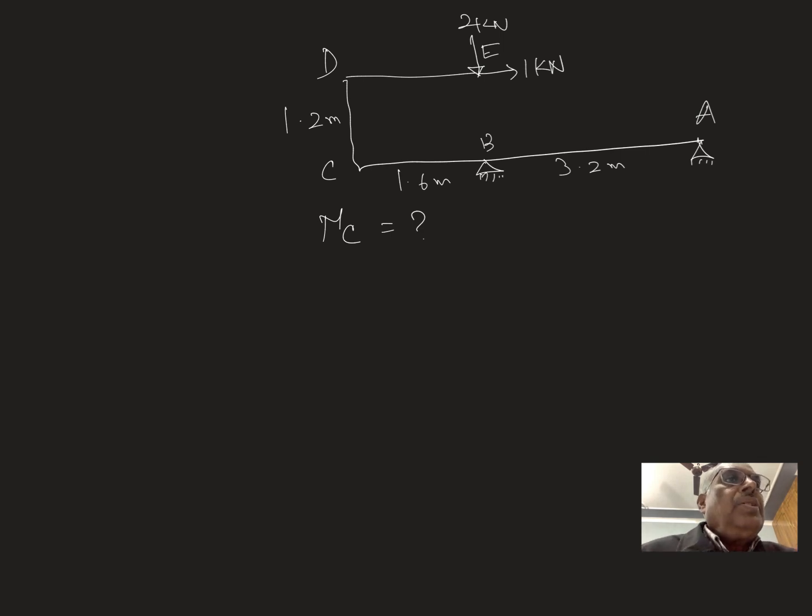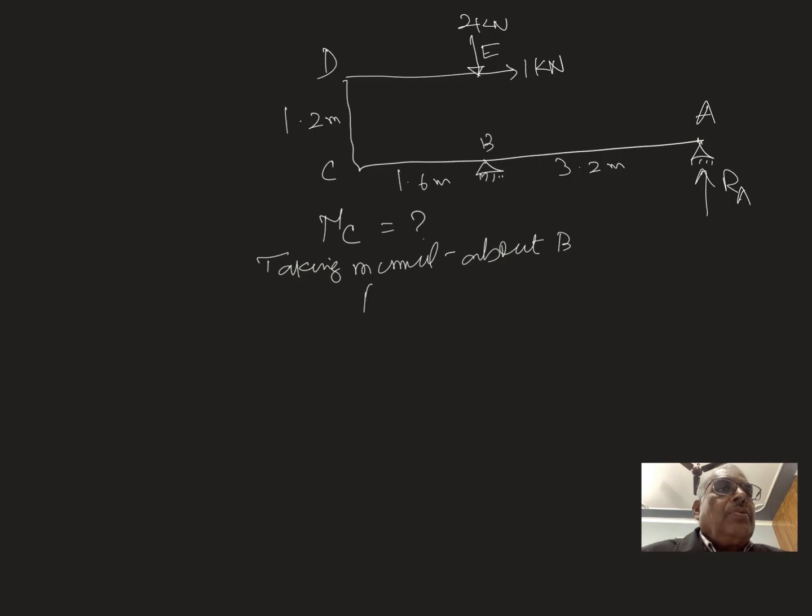Because this is simply supported, you can take moment about B. There is the reaction RA. So RA into 3.2 is a clockwise moment.